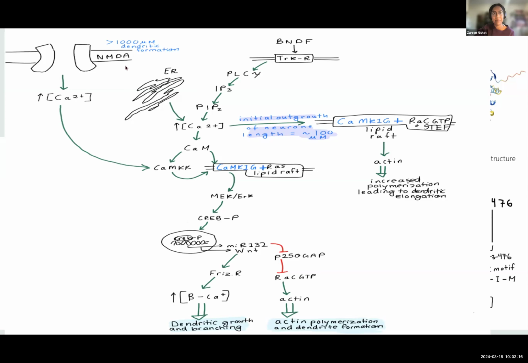It'll do this through the NMDA receptor pathway, leading to CREB-dependent phosphorylation and translation of these 2 unique proteins. One of them leads to increased concentration of beta-catenins, leading to actin polymerization branching. And another one is a protein that inhibits the inhibition of RAC GTP, which again, is similar to this here.